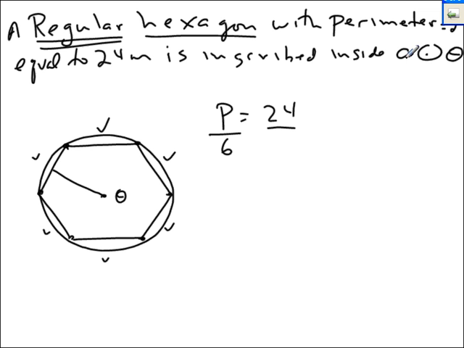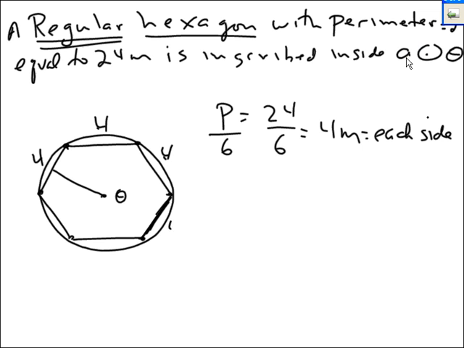So if I divide them by 6, you learn that each side is 4 centimeters. Now I'm not talking about the arc, I'm talking about the length of each side.